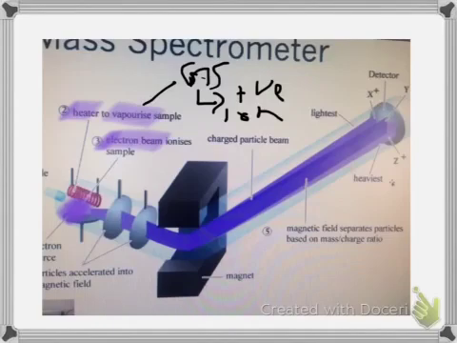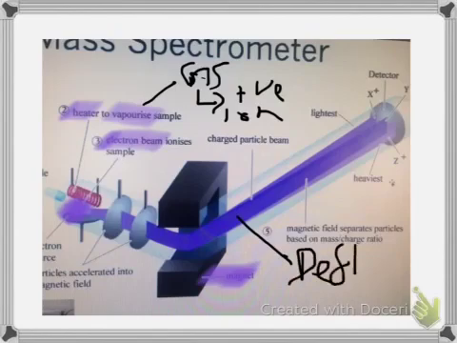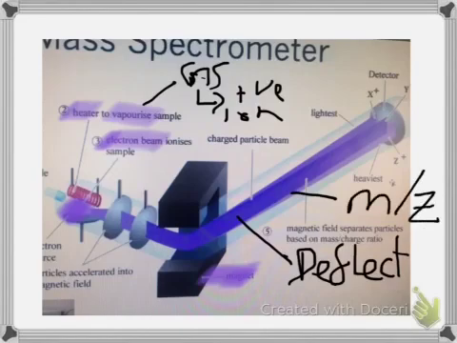Okay, and when we then pass it through a magnet, that magnet deflects my charged ion. Different ions get deflected by different amounts. What affects how it gets deflected is the mass to charge ratio, where Z is charge and M is the mass.